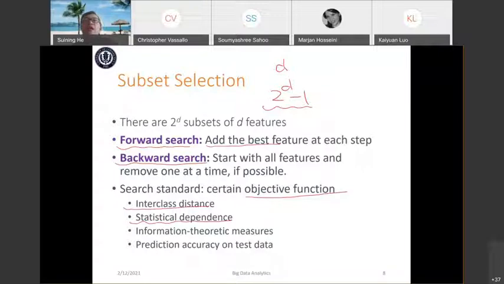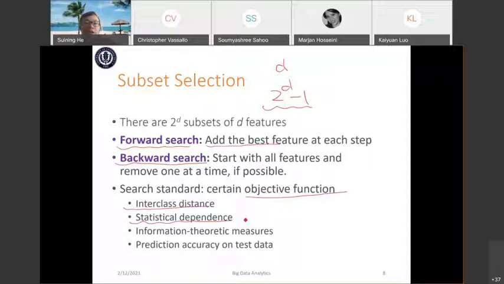In such scenarios, it probably means that of these two dimensions we only need to consider one of them, and the other one is redundant and can be removed. Such statistical dependence can also be observed through some kind of metric, and we can use such a metric to remove those redundant features.